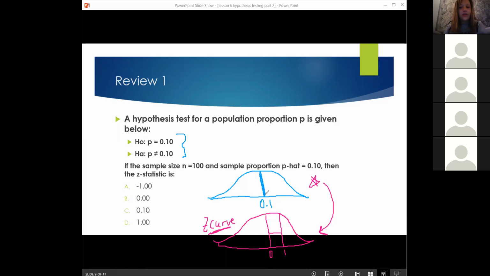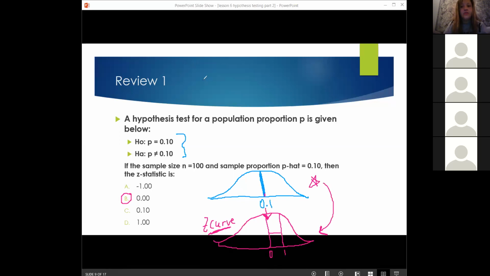Visually, our answer would be B, because 0.1 is the mean of our original curve, and that aligns straight down with our mean of 0 on our z-curve, because 0.1 is 0 standard deviations away from our mean, since it is our mean. So that's why we can translate it to 0.